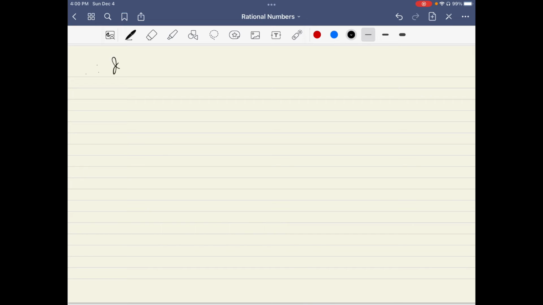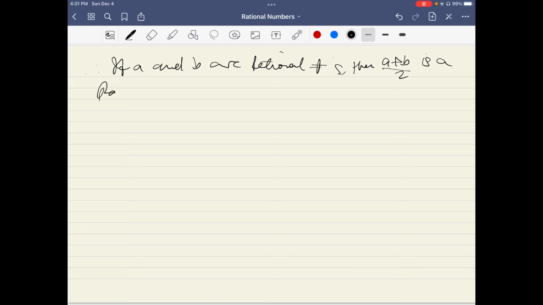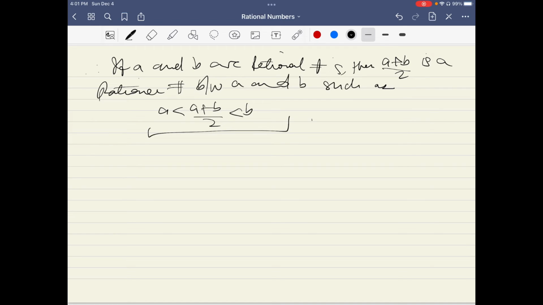Therefore, if A and B are rational numbers, then A plus B over 2 is a rational number between A and B, such that A is less than A plus B over 2, less than B. Now let's solve some questions using this concept of midpoint.